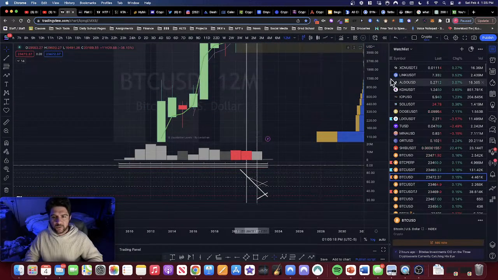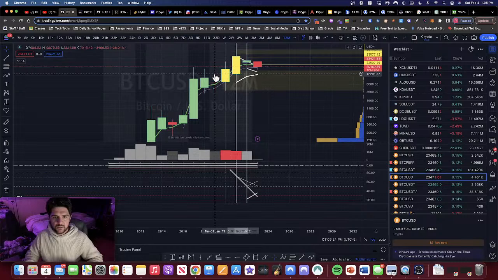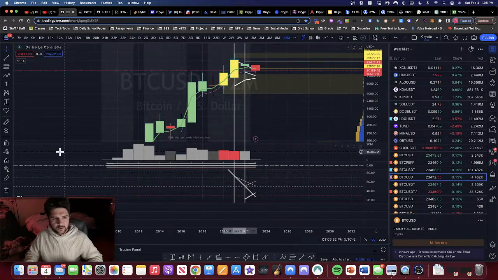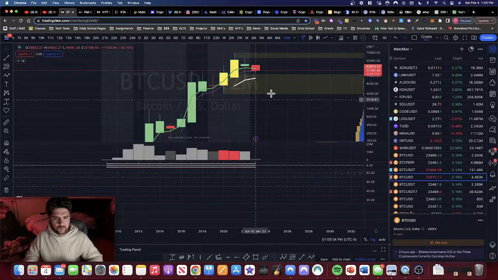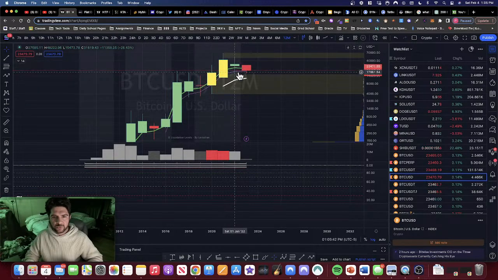Because remember, the pins can kind of tell you that I've trapped the bears. This could be decision, like I've trapped both sides. Let me get rid of my drawings. Here I have both sides trapped, bears and bulls trapped. Here I have bears and bulls trapped.